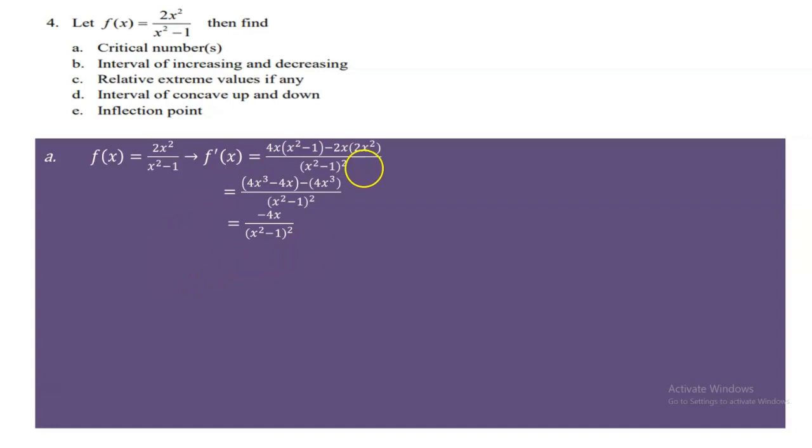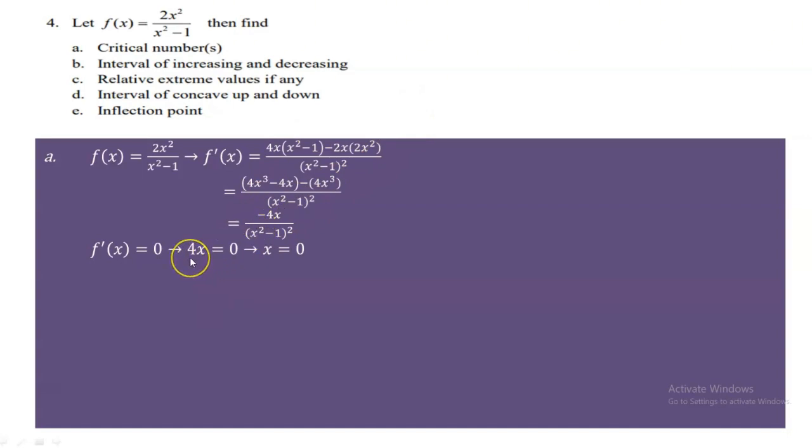Now from this you can determine the critical number. The critical number, as you know, is a number in the domain of the function that makes your first derivative 0 or the first derivative doesn't exist. In this case, the derivative is 0 when the numerator is 0.